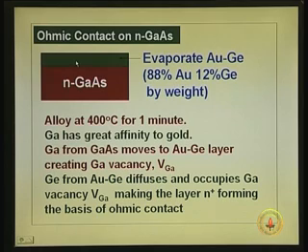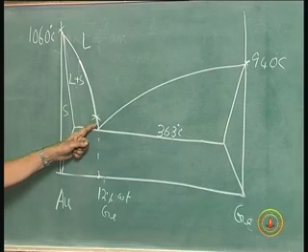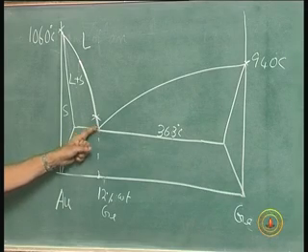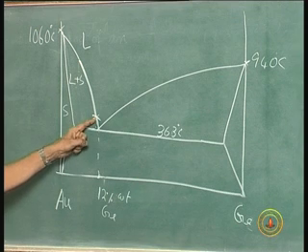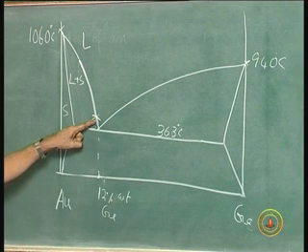So, gallium moves up because gallium has a great affinity towards gold, let us put it that way. So, it moves towards the surface where this is actually in a molten state. Okay. So, you go slightly above that temperature, 400 degrees centigrade. It is still liquid, the germanium concentration can come down from there, still in the liquid state.